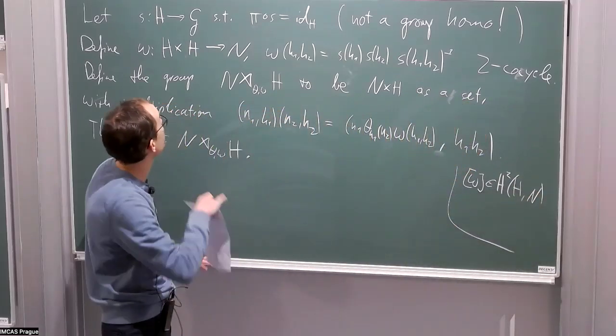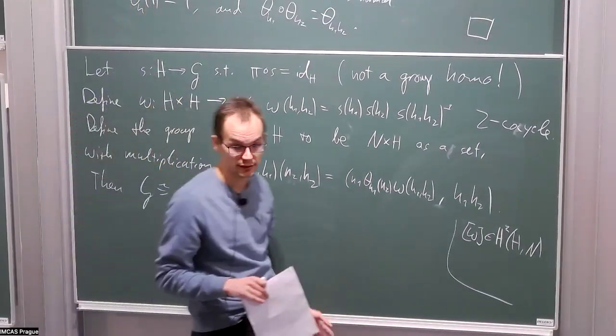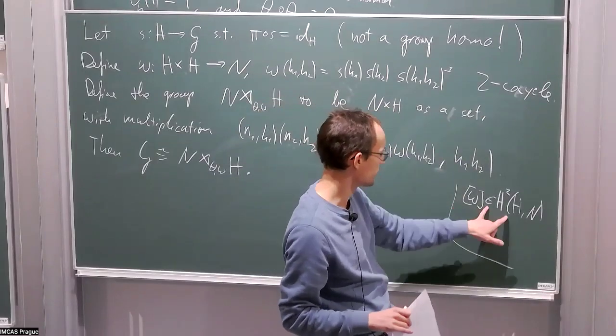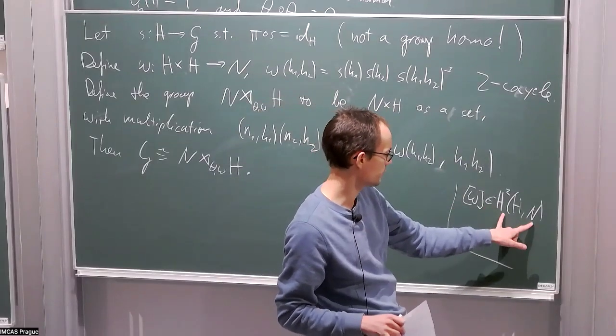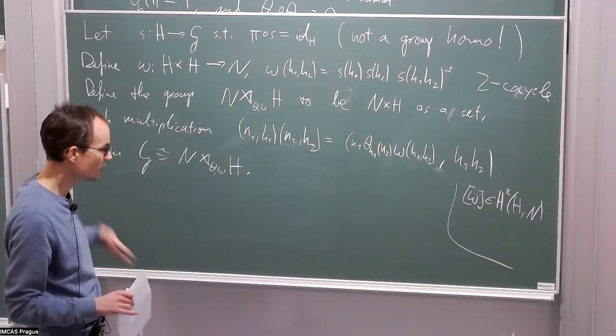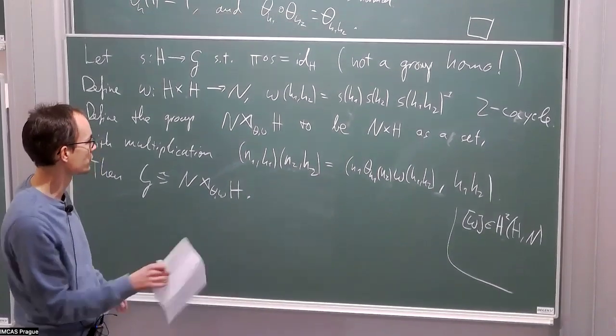The action that we constructed up there, the theta, is part of the data now. So this cocycle gives you a class in here, and elements in this H2 classify extensions up to some reasonable notion of isomorphism. So this is not a surprise at all.